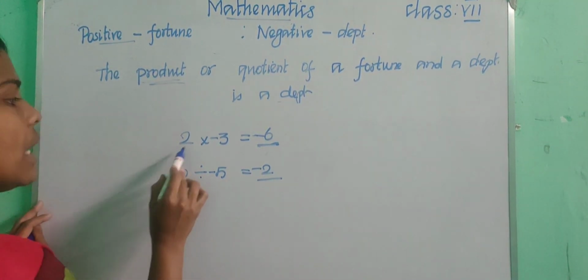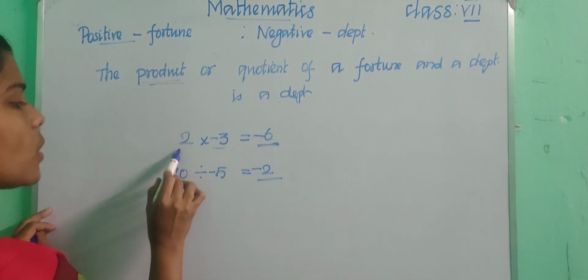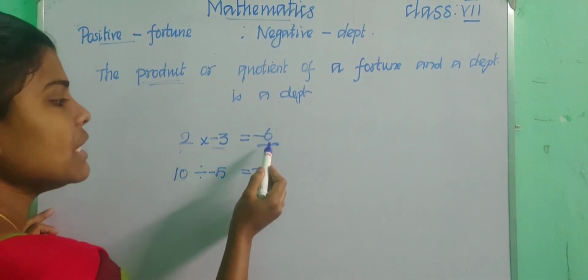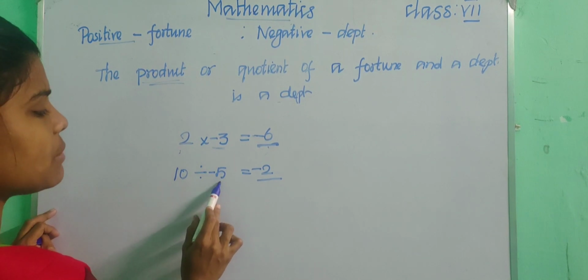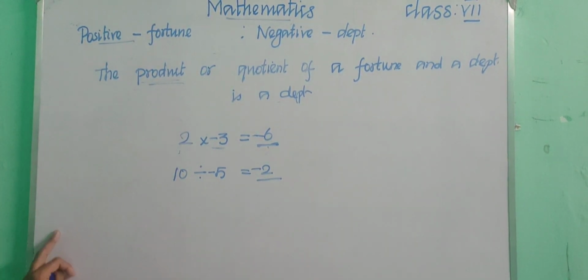Simply, 2 into minus 3 gives minus 6; plus into minus gives minus. And 10 divided by minus 5 gives minus 2. Positive into negative gives a negative integer, and positive divided by a negative integer gives a negative integer. That is what the last rule says.